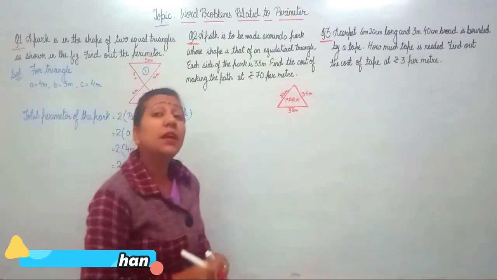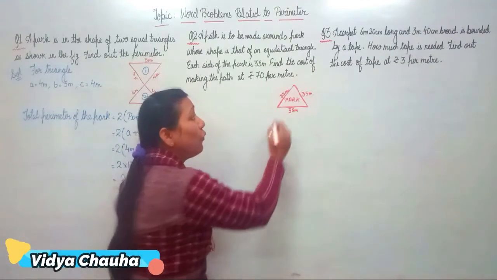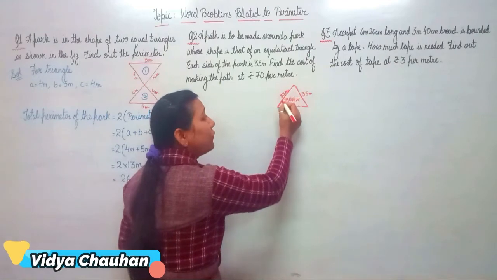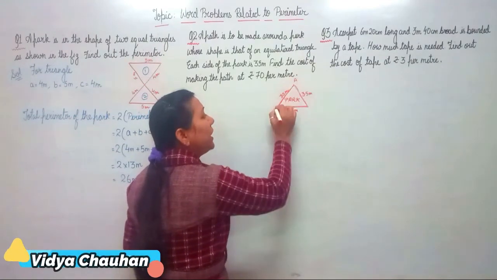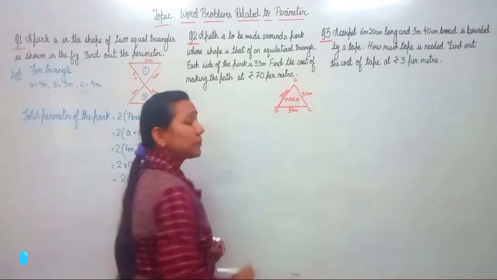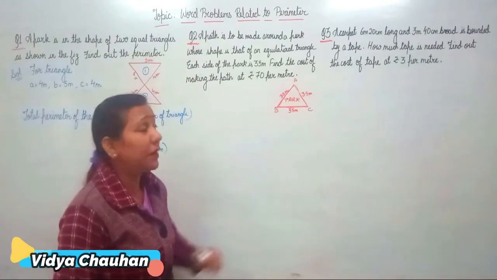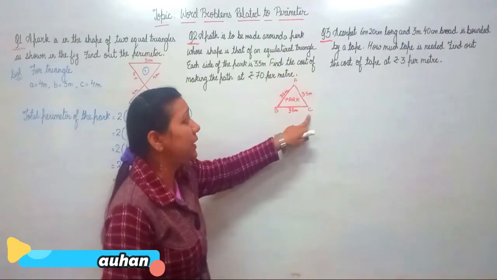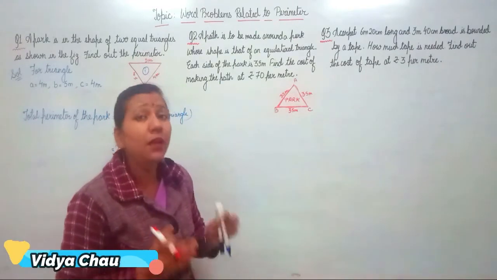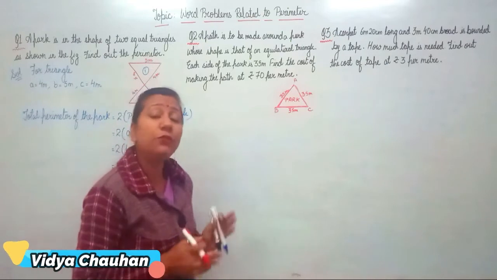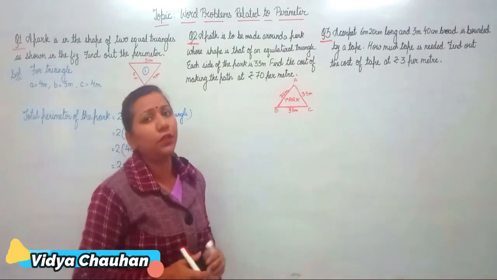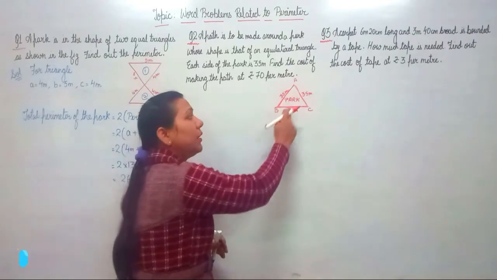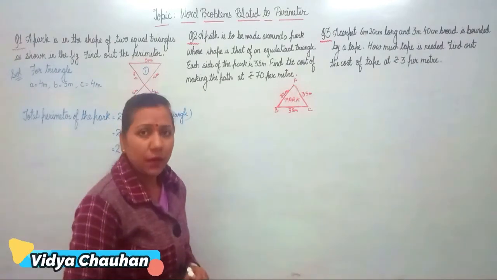Very first we will calculate the total length of this outer boundary, that means the path. Suppose I name the equilateral triangle ABC. To find the cost of making the path, we first have to calculate the total length of the path around the triangular park.